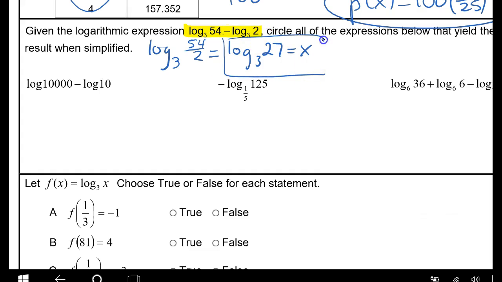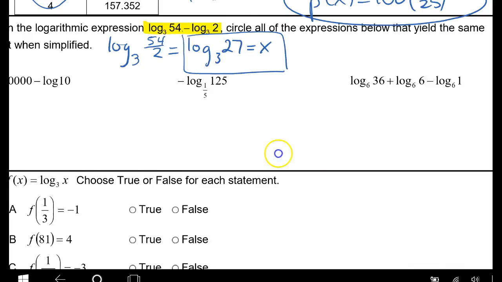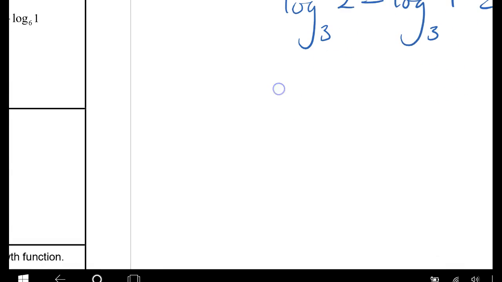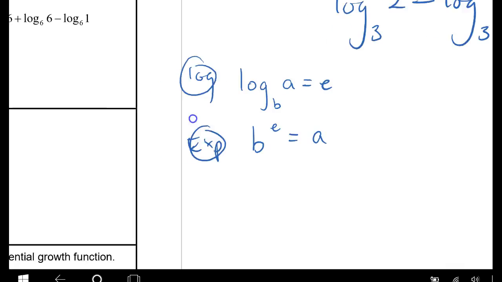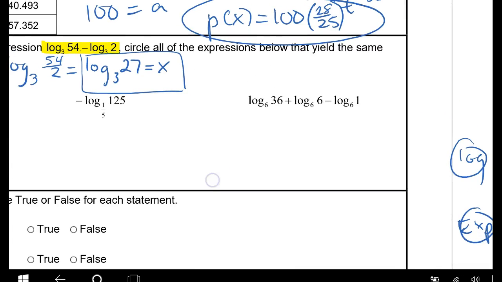So looking at this, remember that in a log, the base is b, this number is our a, and the number out here is our e. And this can be rewritten as b to the e equals a. This is log form, and this is exponential form. So basically we want to rewrite this in exponential form.